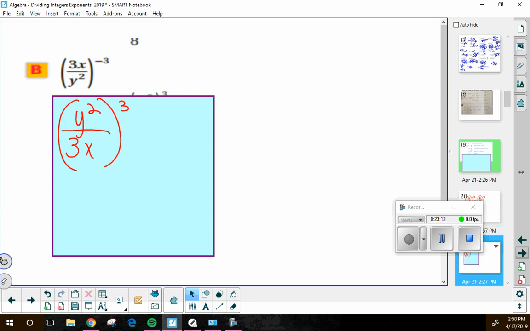And then I just do what I've been doing my entire life. Y, what does this become? Y to the 6th, and then 3 to the third, which is what? We've done it 100 times. 27, and then x to the third. So, when you have a fraction with a negative exponent, you just flip it and make it positive.